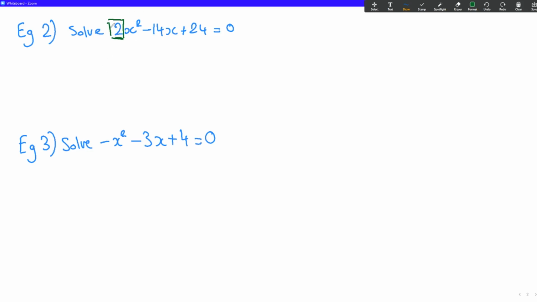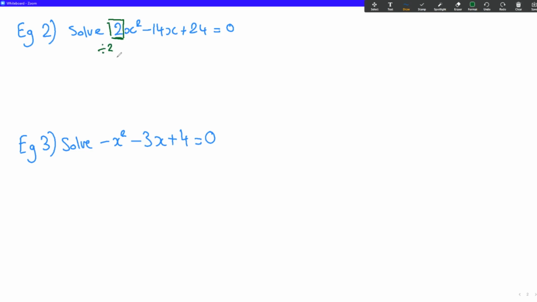And it's by dividing this quadratic. So if all of the terms in the quadratic are divisible by a certain number, we can divide through by them. So because each of them can divide by 2, we can just divide the whole equation by 2.